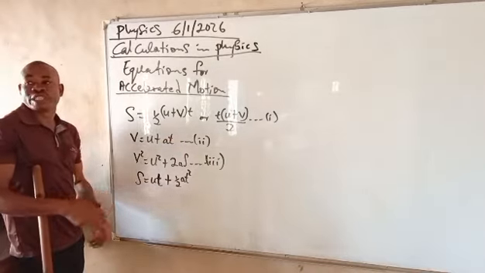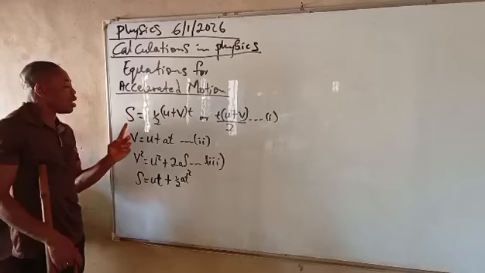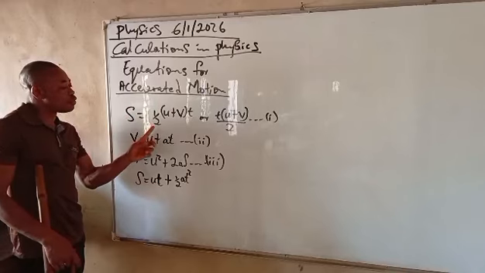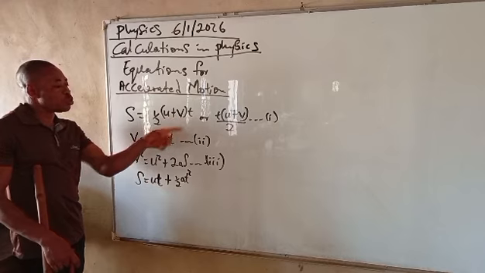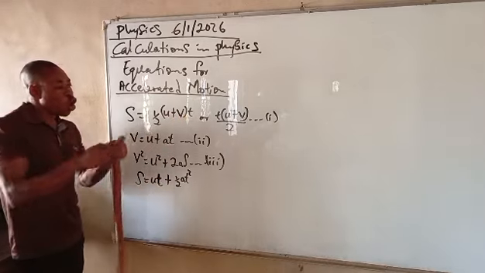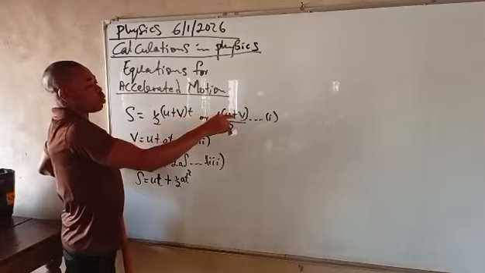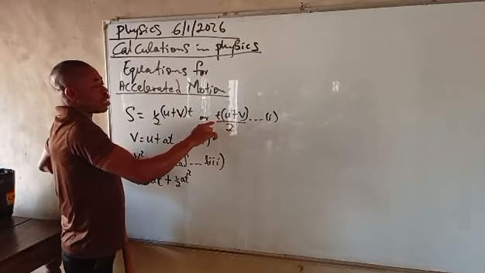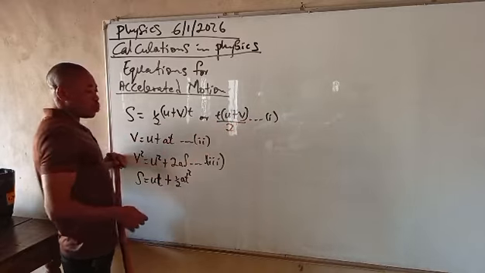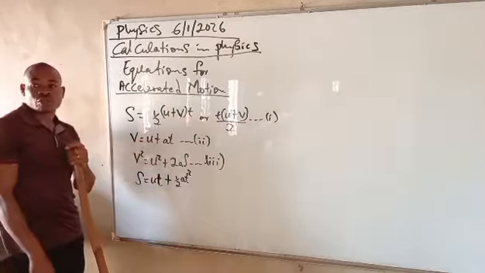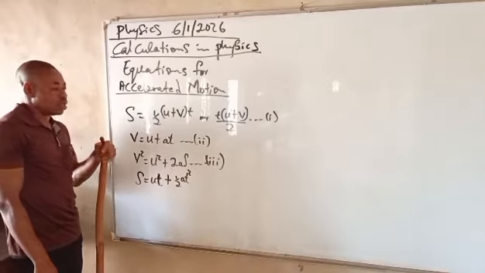The first equation says S equals half bracket U plus V close bracket T, or T bracket U plus V all in brackets, then all over 2. Either this or this can go in the first equation. Good.